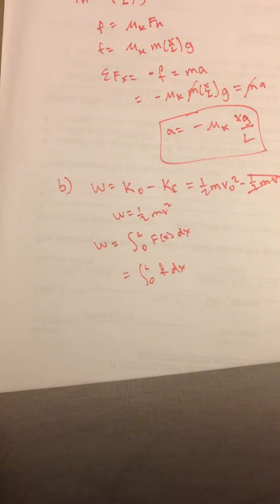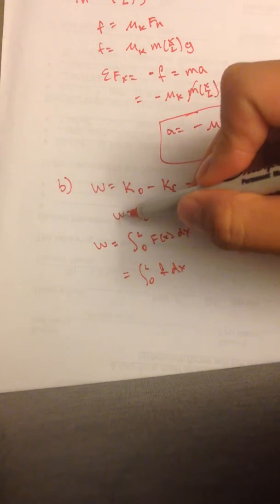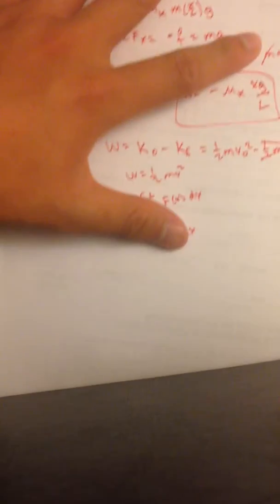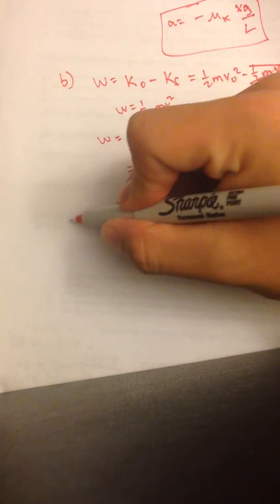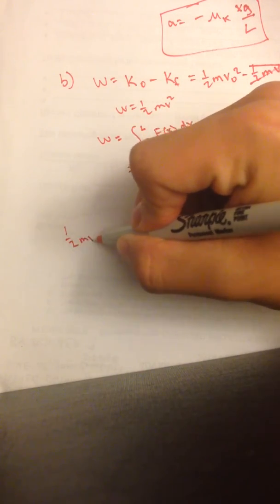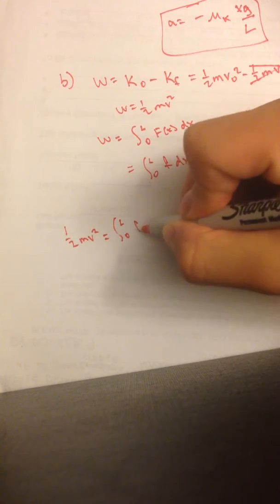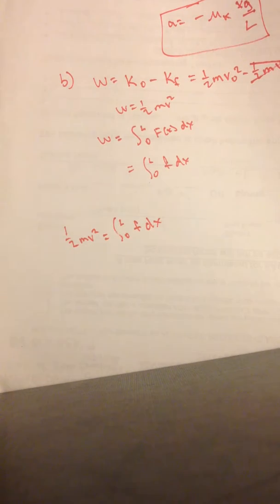So if we set the W's equal to each other, we have 1/2 mv initial squared equals the integral of friction along these limits.